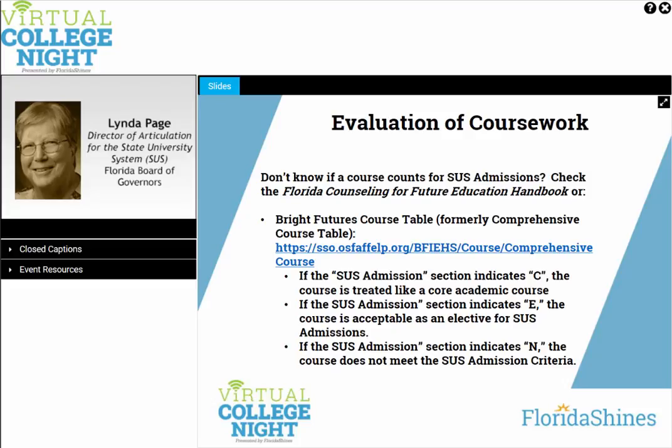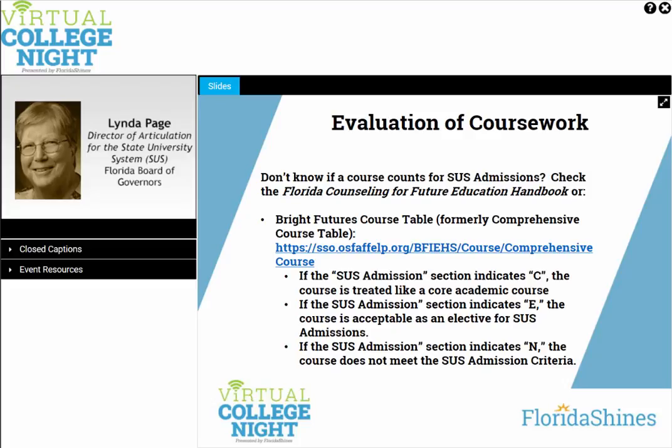As noted earlier tonight, the rigor of coursework is a plus in admissions consideration. Students are encouraged to take accelerated mechanisms such as dual enrollment, which was previously talked about, or AP, IB, or AICE as appropriate.